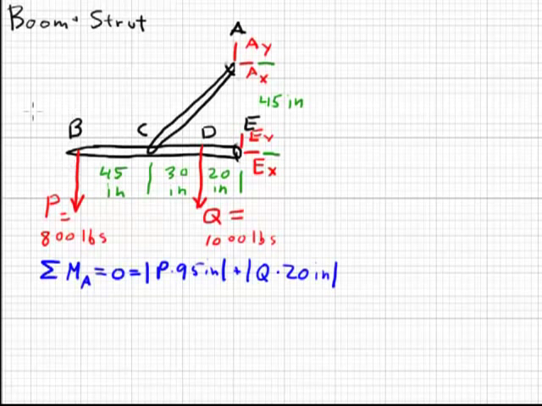Notice how these are vertical forces. These vertical forces have lines of action that are vertical. So what we're looking for are horizontal distances to joint A. These horizontal distances again are 20 inches here and 95 inches here.